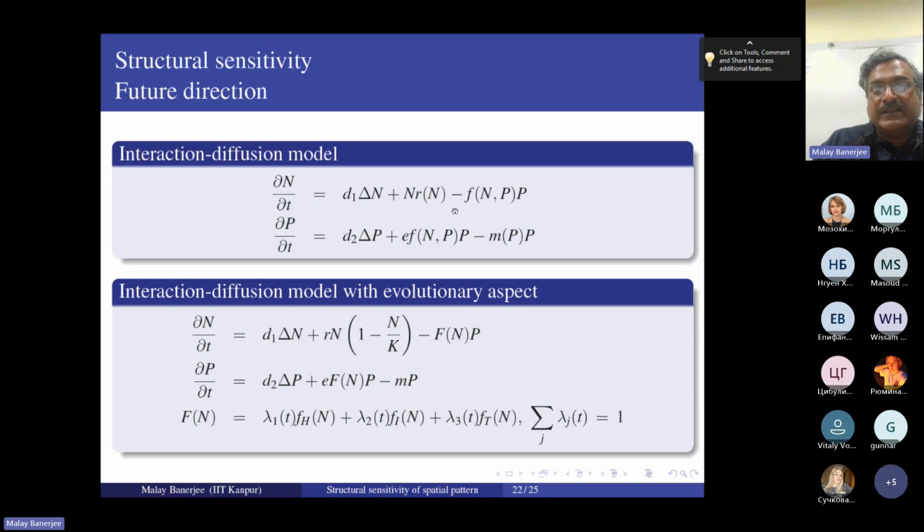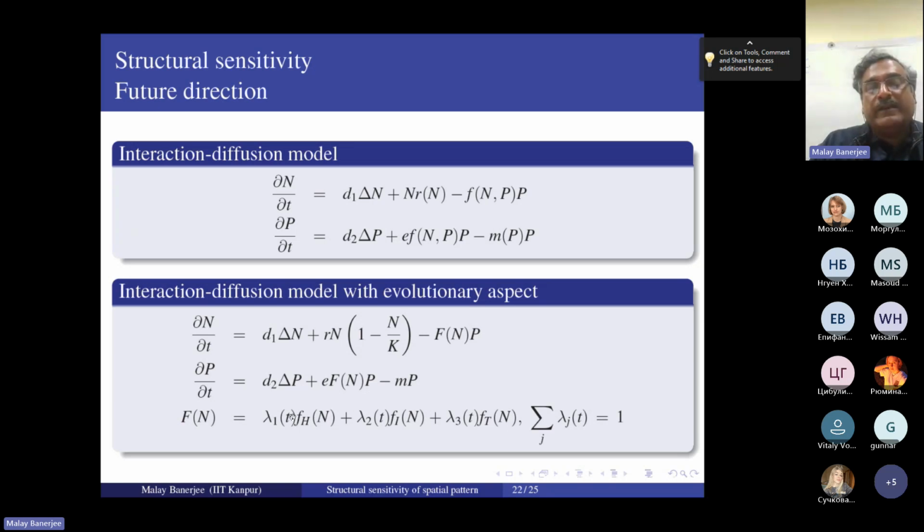And also taking care of the evolutionary aspect, that this functional response Fn is a linear combination of these functional forms, that is Holling type 2 and Ivlev and tan hyperbolic, just to have the essence that the functional response looks like some of them, but is not exactly equal to any one of them.